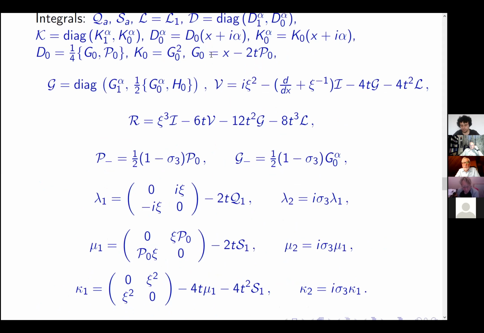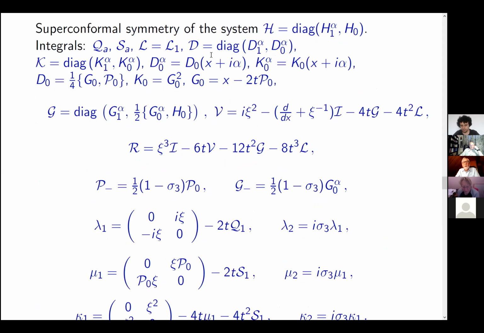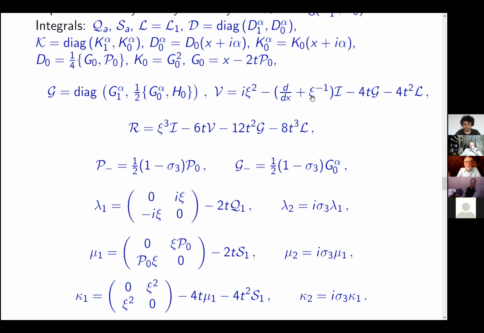And it turns out that if we extend the discussed before Poincare supersymmetry by generators of conformal symmetry, and if we extend the corresponding set of generators by the Lax matrix integral, as a result, in the system there will appear new non-trivial integrals of motion, which are shown here. These are the corresponding diagonal non-trivial bosonic integrals, which depend explicitly on time.